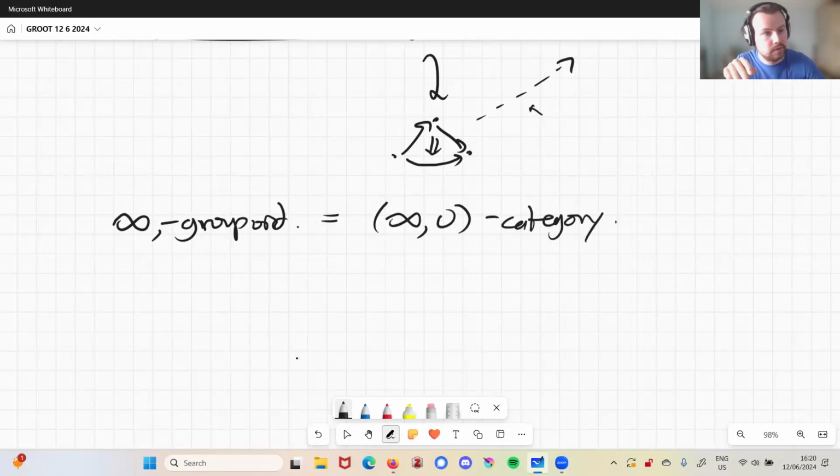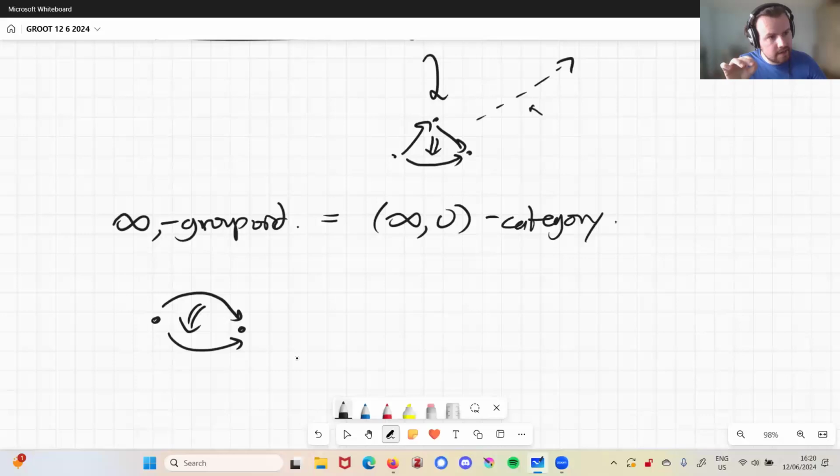Every morphism is invertible in a weak sense. From a topological space, we can obtain an infinity groupoid by having the objects be points in the topological space, having the morphisms be paths in the space, having two morphisms be surfaces, three morphisms be volumes, four morphisms be four-dimensional volumes, and so on and so on and so on. The homotopy hypothesis claims that this obtains all infinity groupoids, that every infinity groupoid can be interpreted as a topological space. The theory of infinity groupoids should be the theory of topological spaces.